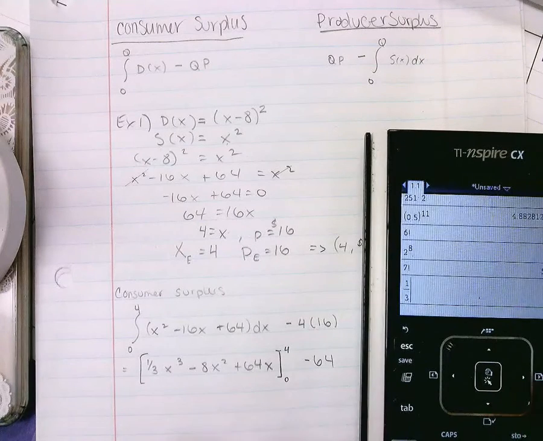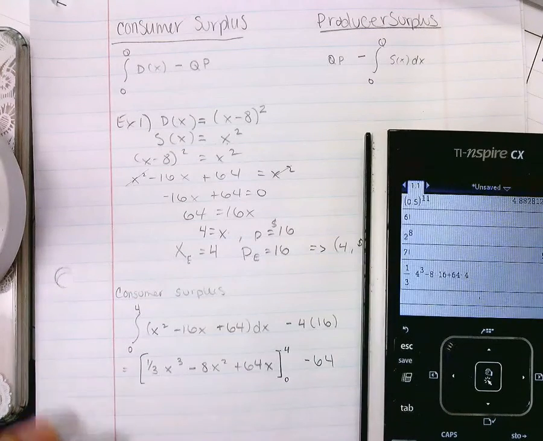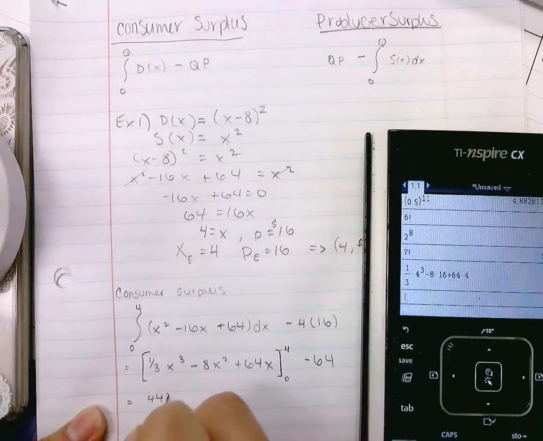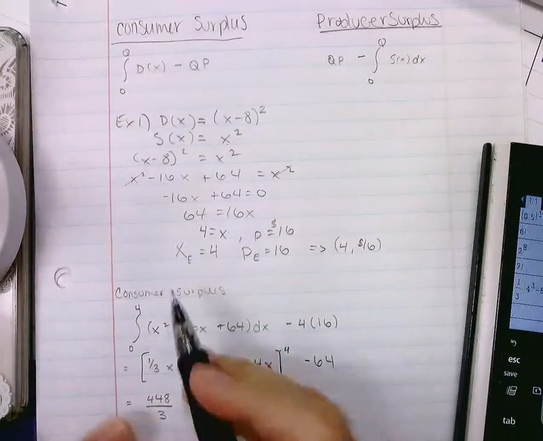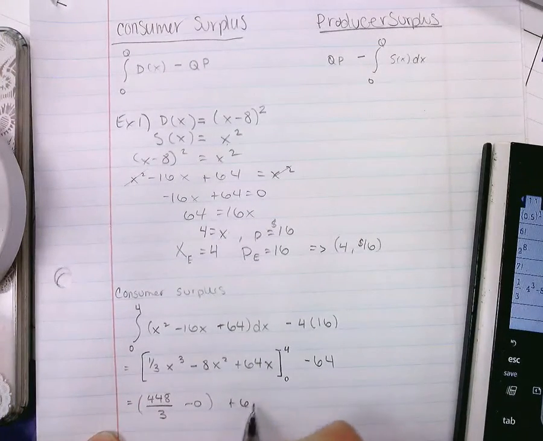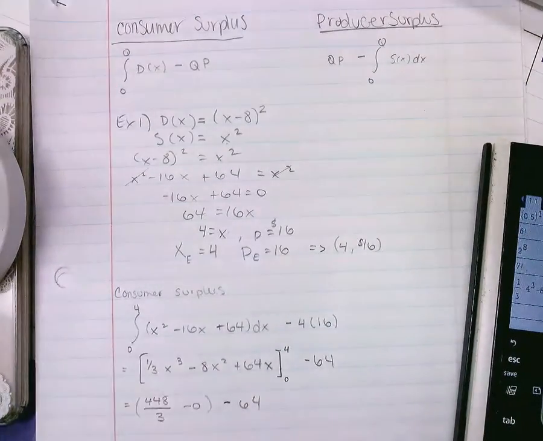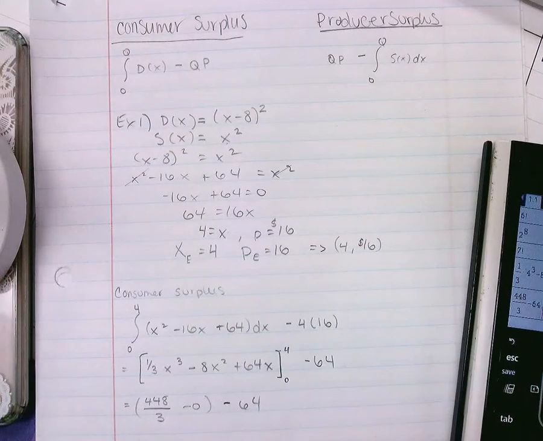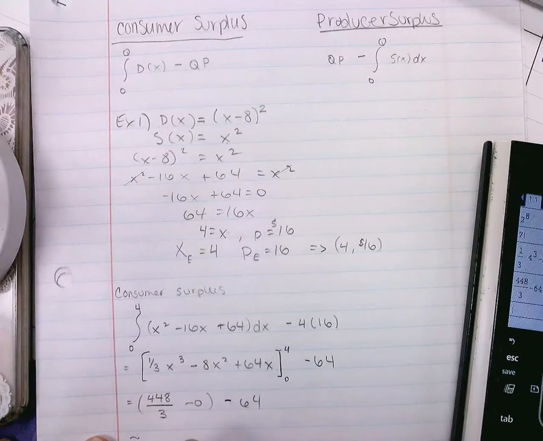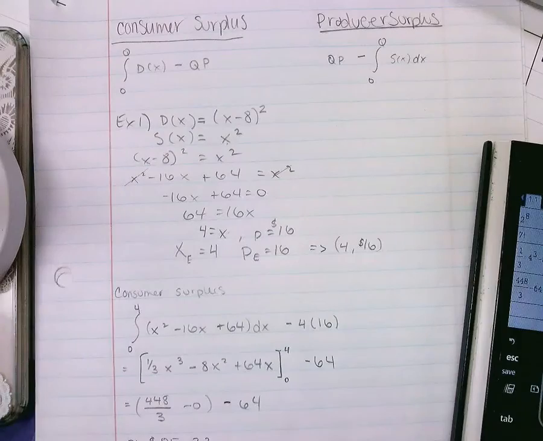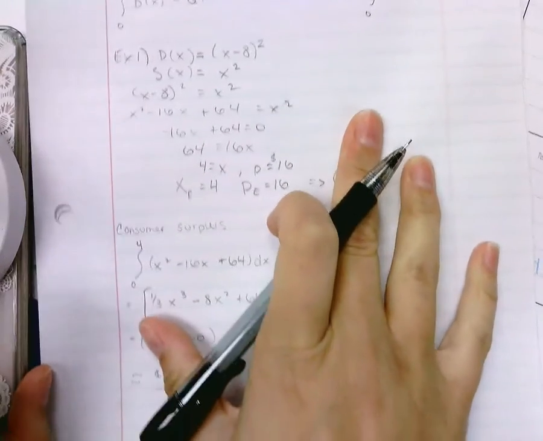So 1/3, 4 to the 3rd, minus 8 times 16, plus 64 times 4, and then all of that minus 0, because when you plug in 0, you just get 0, and then subtract 64. So that's going to be approximately $85.33. So that's your consumer surplus.